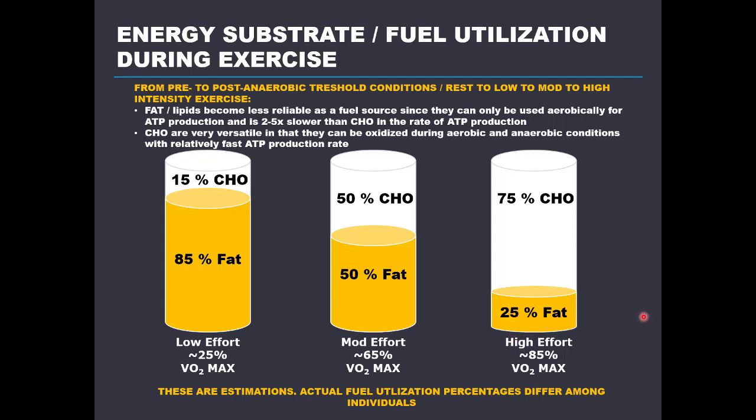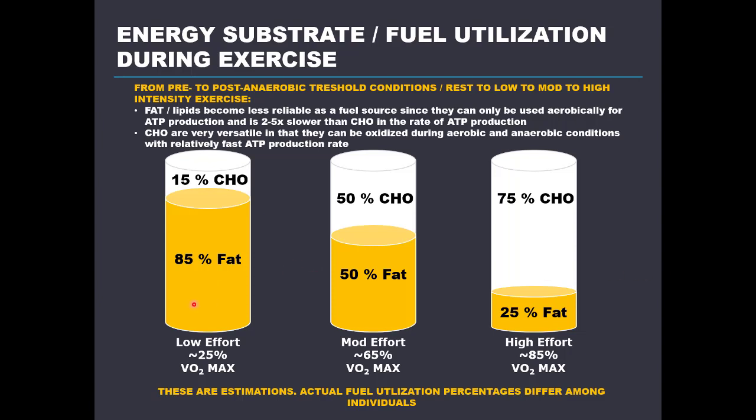So as intensity increases, carbohydrate utilization also increases. You also have to keep in mind that carbohydrates can provide ATP both anaerobically and aerobically. We discussed that in this lecture series. And we also know that fat can only provide ATP aerobically.